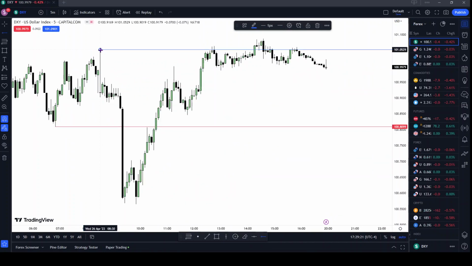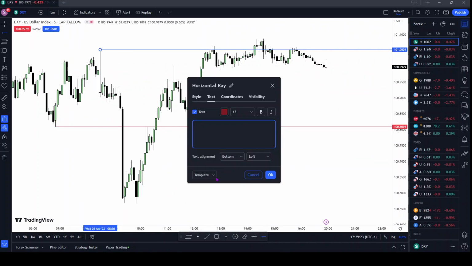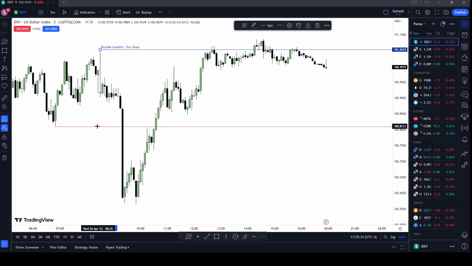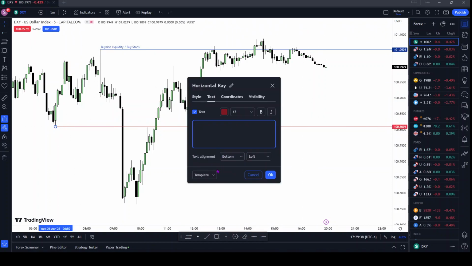So above this high would be considered buy side liquidity, so I'm going to write buy side liquidity. This is also known as buy stops. And below this low previously was sell side liquidity, so I'll put sell side, and then sell stops, and I want it to be a brighter red.